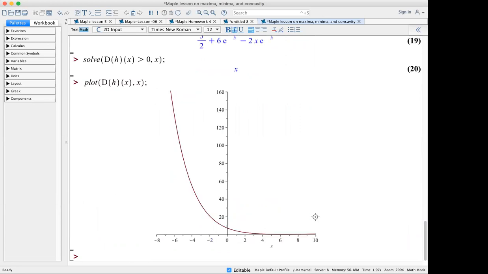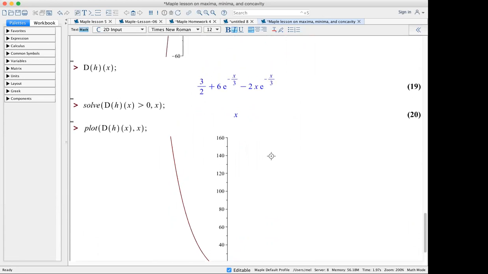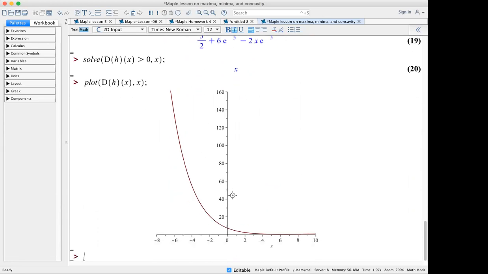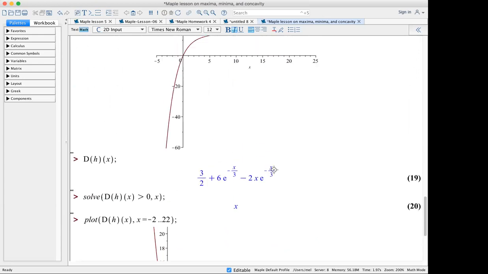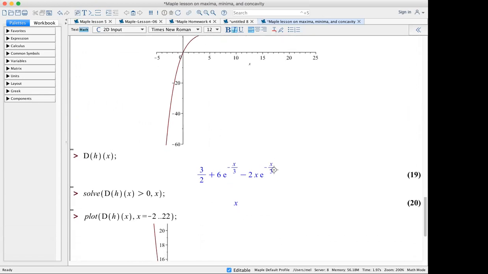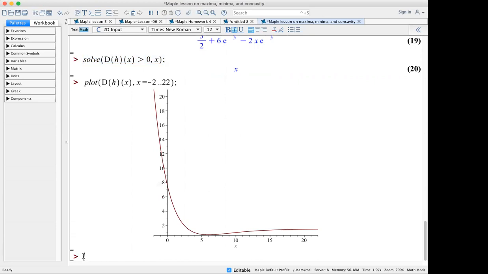Let's plot the derivative. So looks like this function is always positive. So it's always increasing. But somehow Maple doesn't want to solve this inequality. It's fine where the derivative is 0.